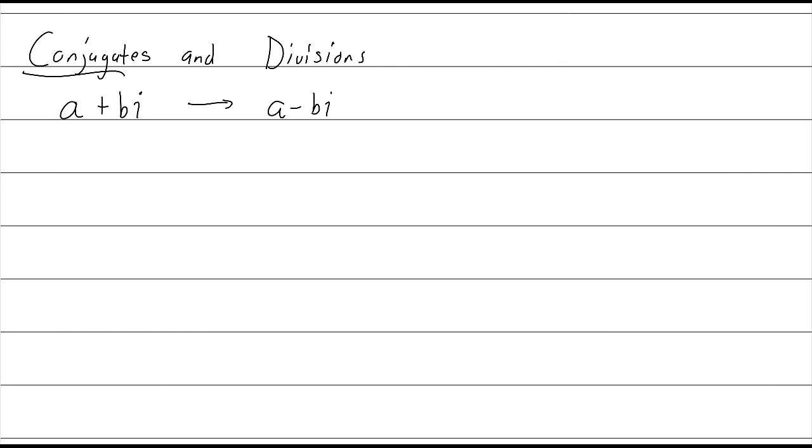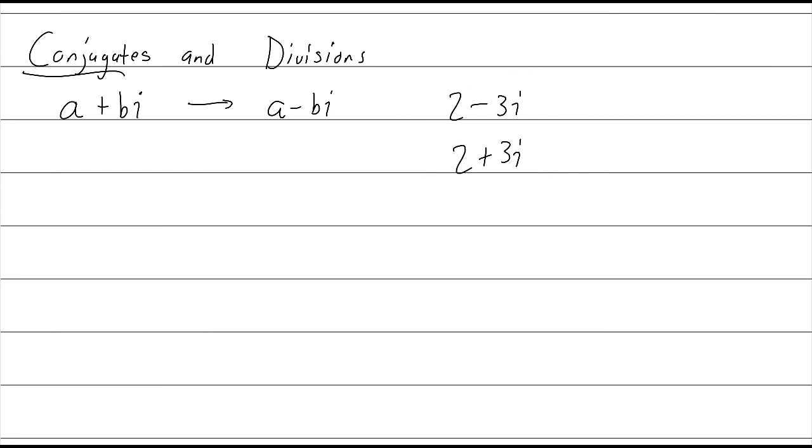It's the exact same thing, except you change the middle sign, and only the middle sign. You change the sign in front of the imaginary part. So if I had 2 minus 3i, its conjugate would be 2 plus 3i. These two are conjugates of each other.